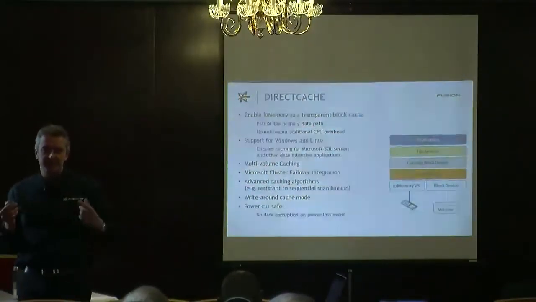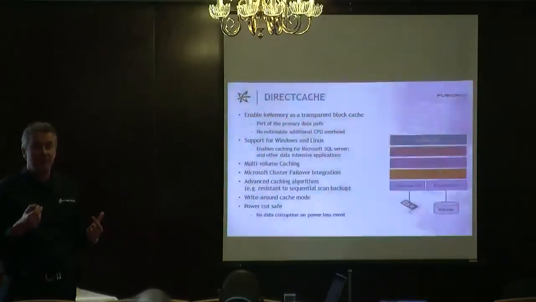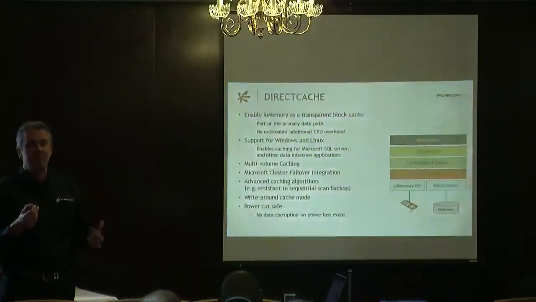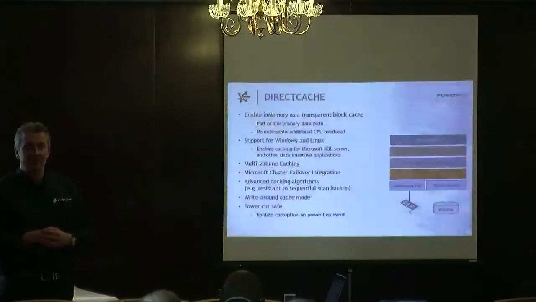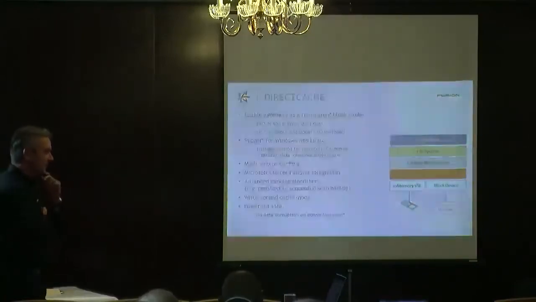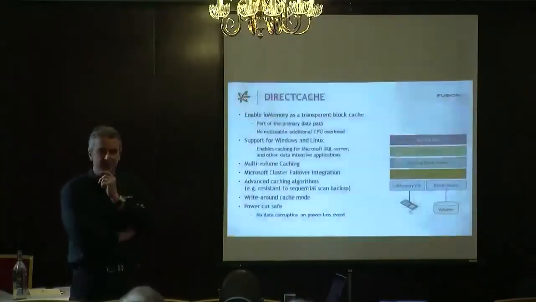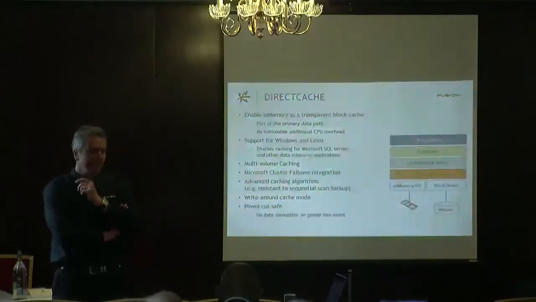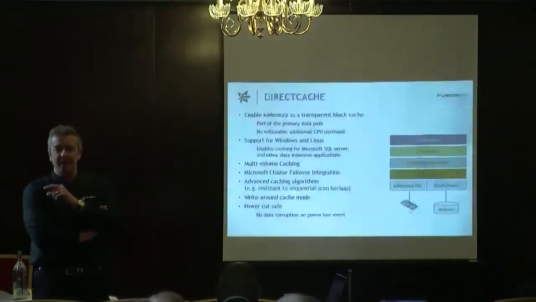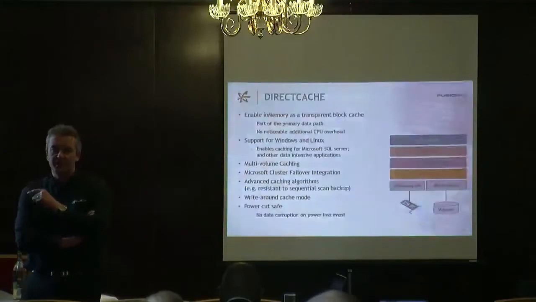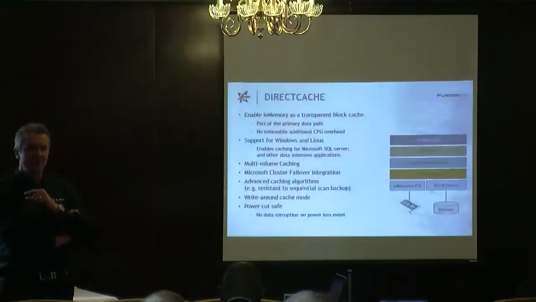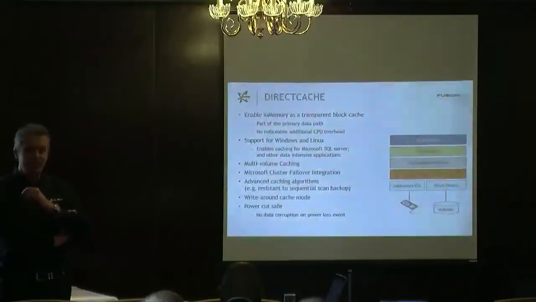By doing that, customers can still retain the capabilities of things like vMotion, but they get the performance benefits of using our technology. We also have a caching solution called Direct Cache, which you can use for bare metal systems. It allows you to connect our card as a totally transparent cache to any block-based back-end storage device that you have in your environment. It works with Windows and Linux systems.